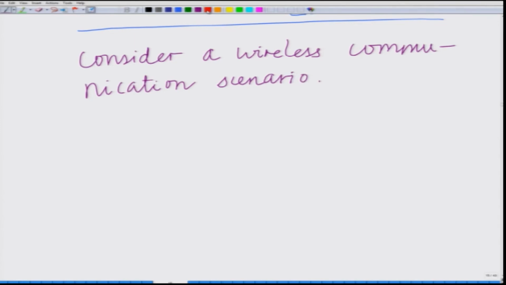What do we have? We typically have a base station which is transmitting to a mobile terminal or a mobile device, right. So let us consider this scenario. Let us schematically represent it, where I have a base station which is transmitting to a mobile.